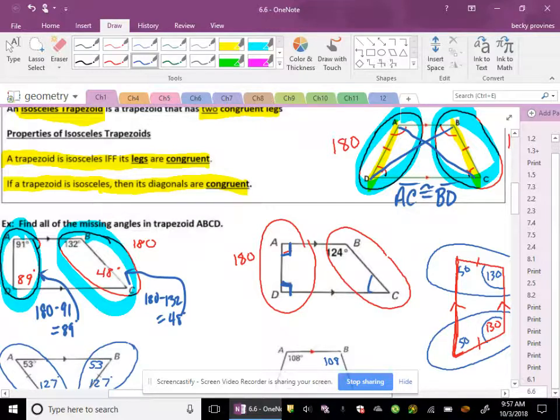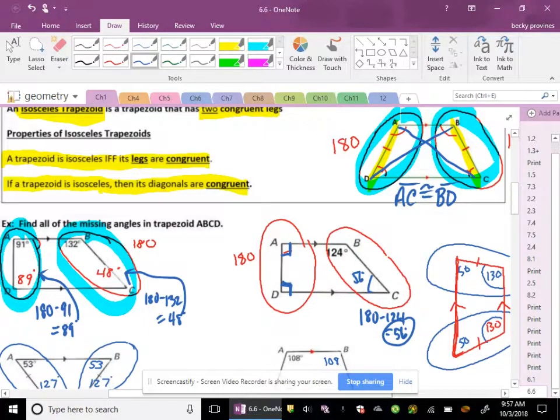So let me grab a calculator. Okay, so we're going to take the total, which is 180, and we're going to subtract 124. So 180 minus 124 is 56. So this angle is 56 degrees.